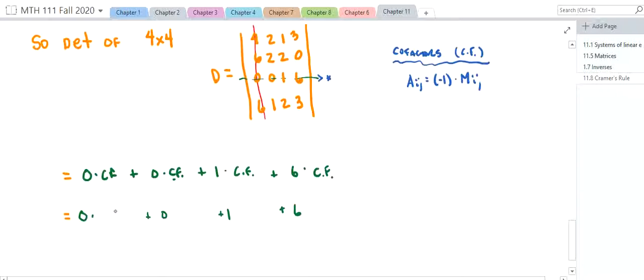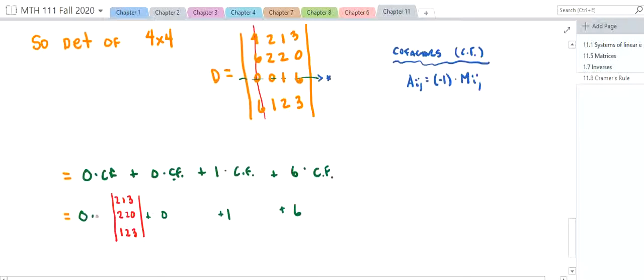So the minor matrix here, when I block out the red column with the line, is going to be the minor matrix left over of 2, 1, 3, 2, 2, 0, 1, 2, 3. We don't count this row because that's the row we chose. That's our minor matrix.